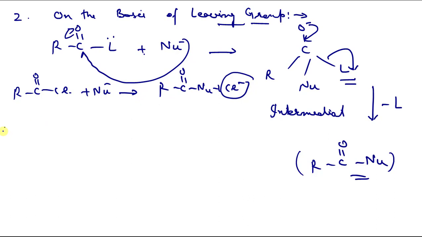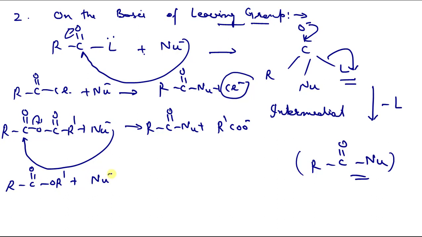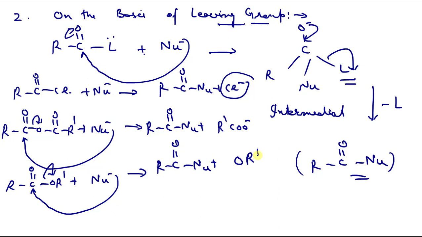In the case of anhydrides, when we add a nucleophile here, we have RC double bond O nucleophile, with the leaving group R dash COO negative. Then in the case of esters, RCOOR dash plus nucleophile gives RC double bond O nucleophile plus OR dash negative.